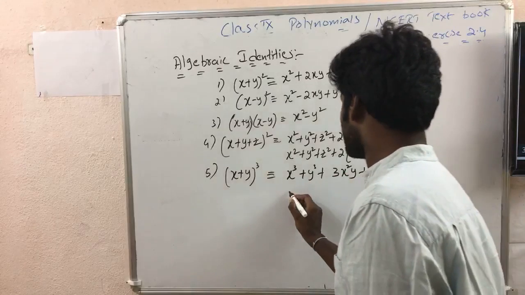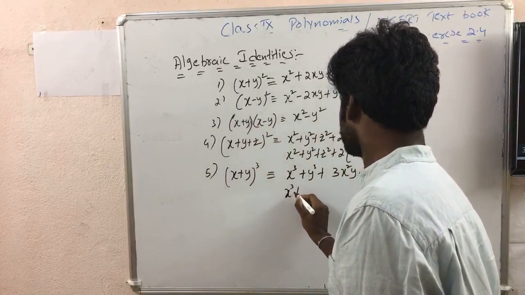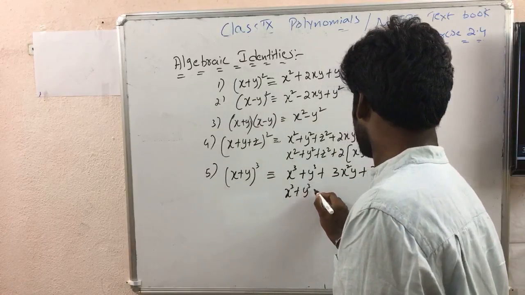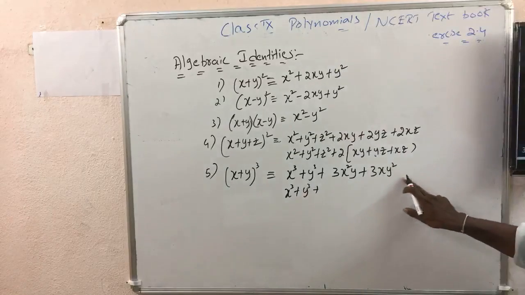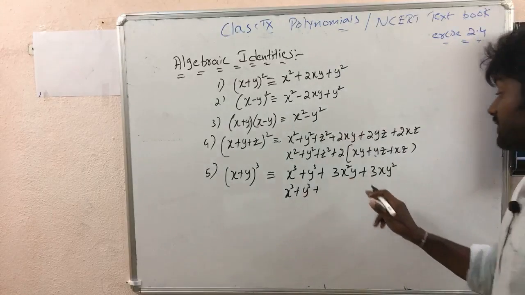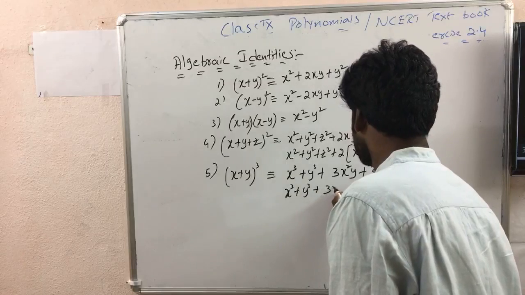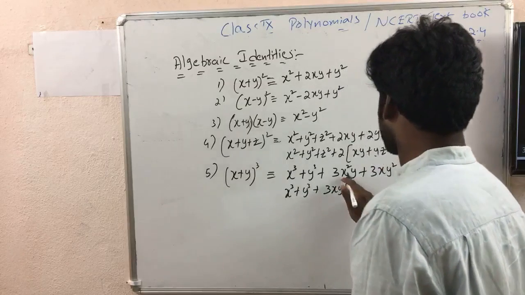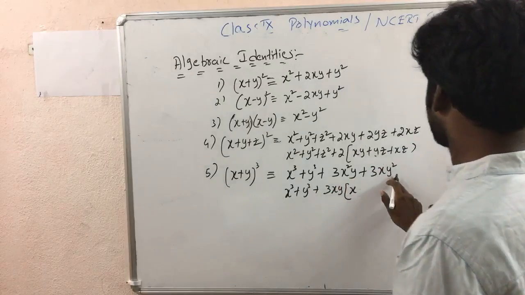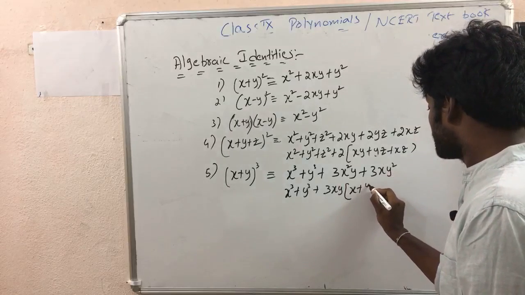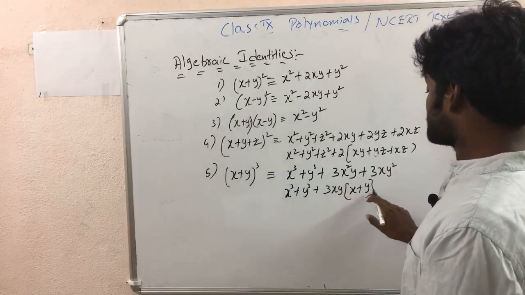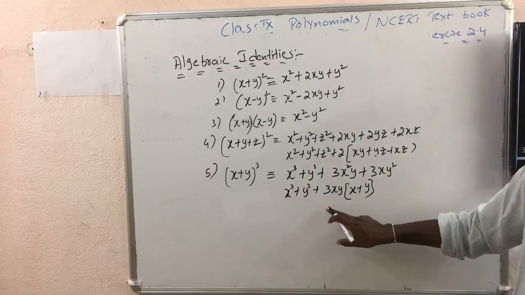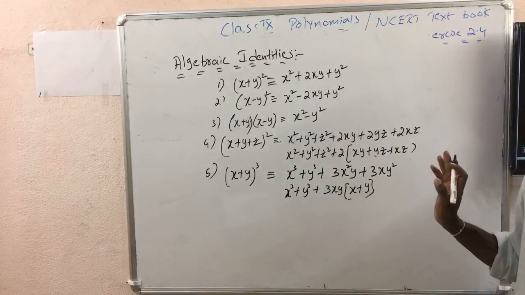I can write this as x cube plus y cube plus, observe in these two terms 3xy is common. If I take 3xy common, I am left with x here and y here: 3xy of x plus y. So x cube plus y cube plus 3xy of x plus y.